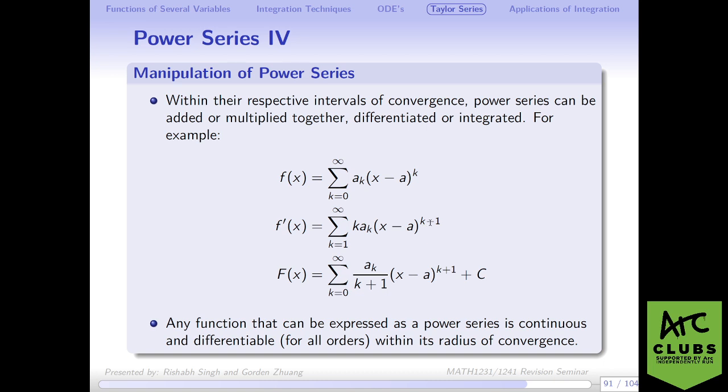Although when we differentiate it, we lose the 0th term, so the sum goes from k equals 1. And similarly, we can integrate these. And so from this, we can say that any function that can be expressed as a power series is continuous and differentiable, since these power series are always continuous and always differentiable within the radius of convergence.